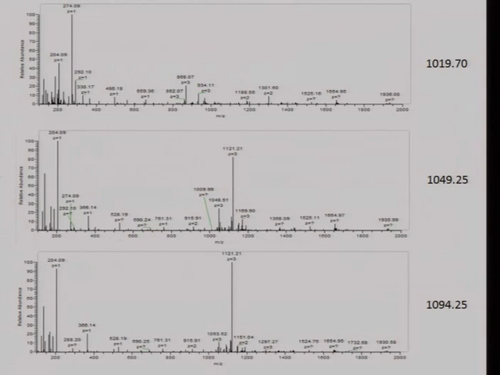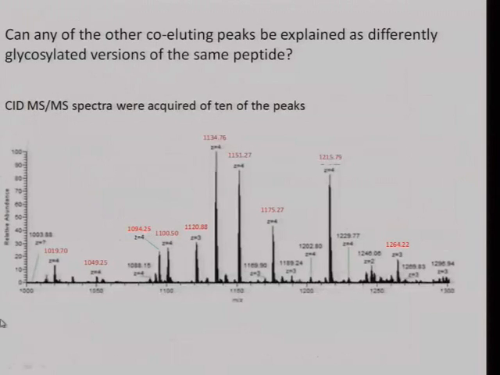Thank you. So this 1049 is down here, and it's got a charge of 4. That's why that mass is smaller than the peptide. So this peptide is smaller in terms of m/z, by 51 and a quarter.